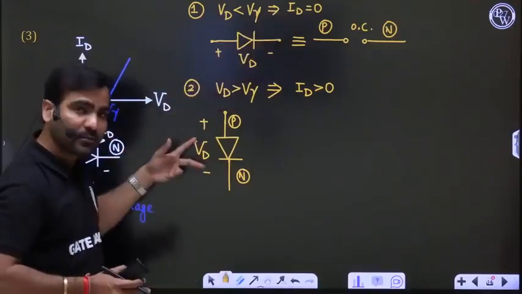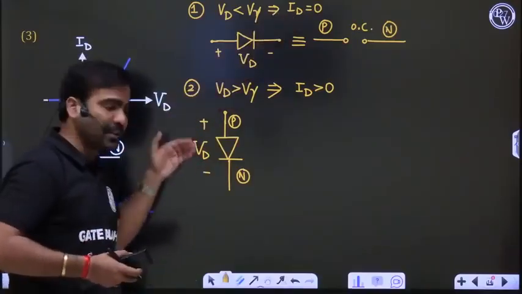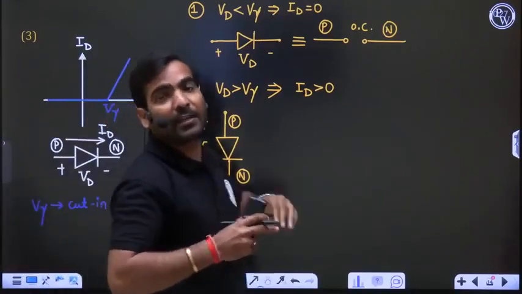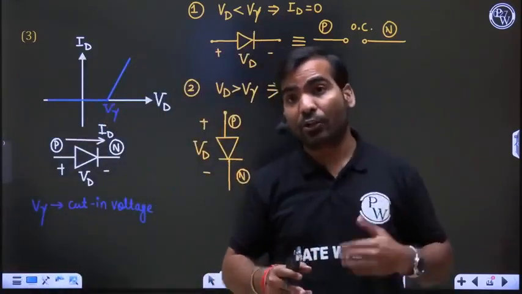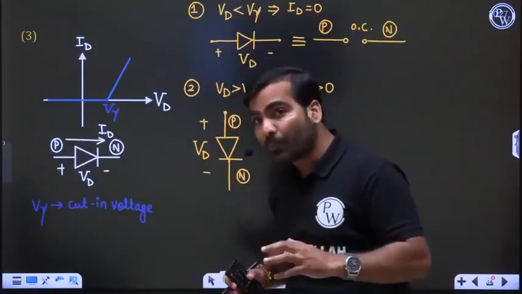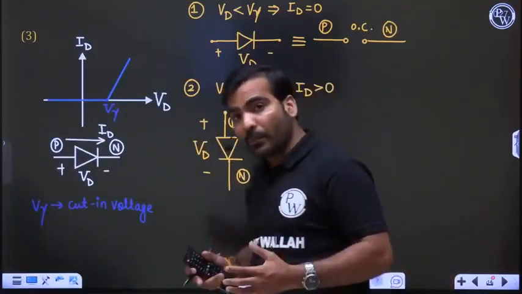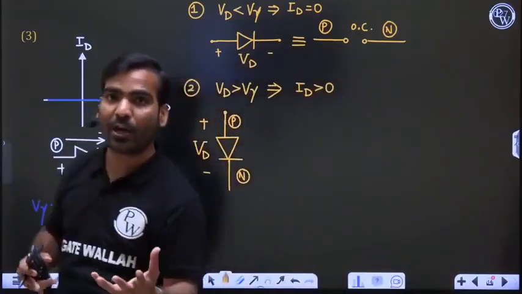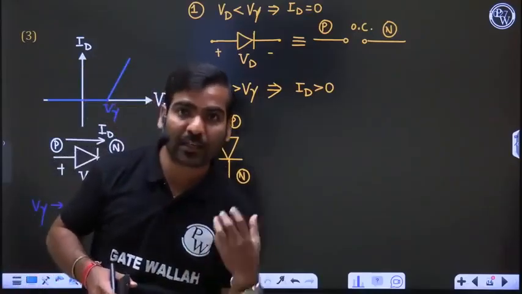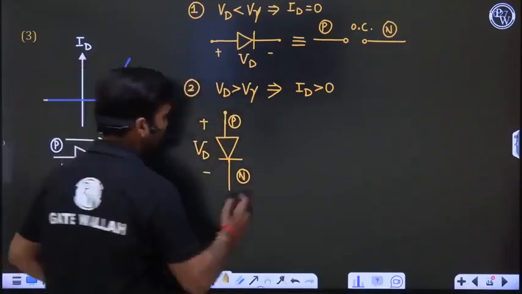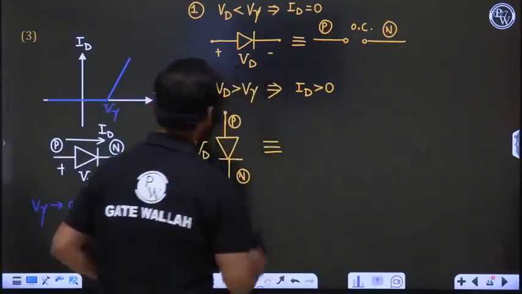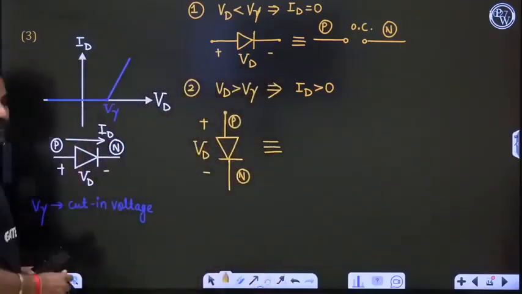If this voltage, with P side positive and N side negative, is coming greater than V gamma, meaning that the diode P terminal has higher voltage than the N terminal, along with that it has voltage more than the cut in voltage, then this diode will be replaced by, again, what is the meaning of this?